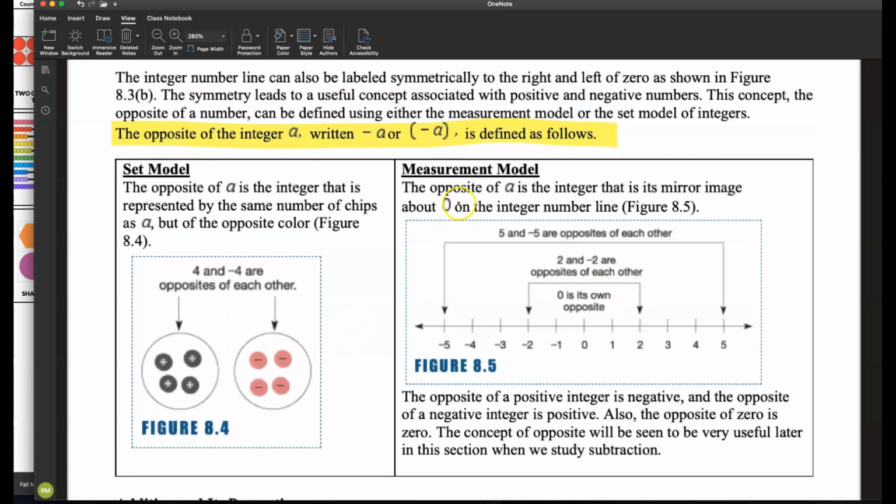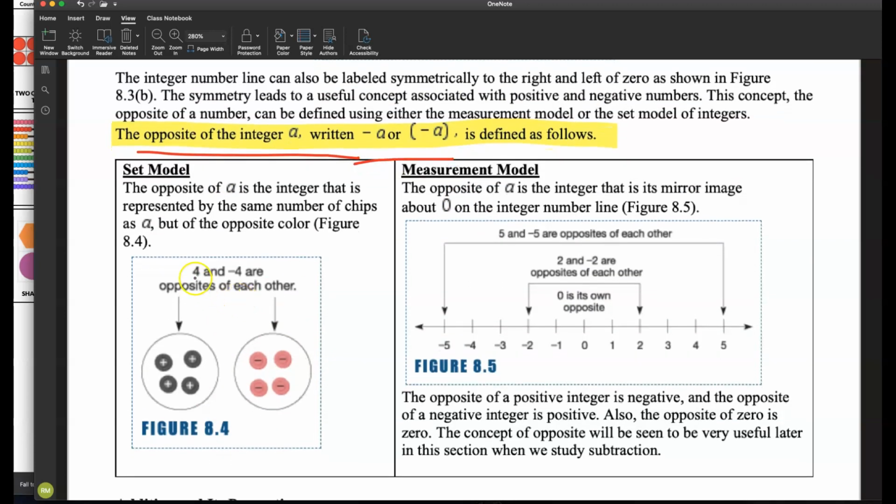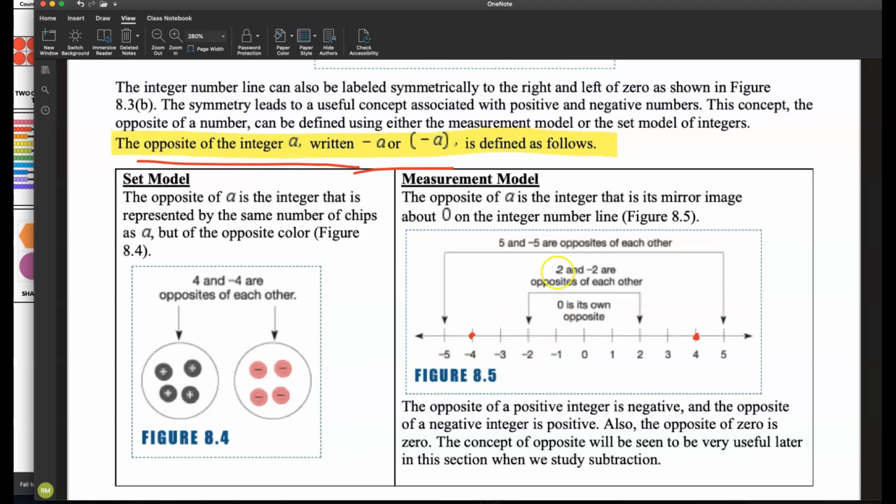Another important idea that I've highlighted here is the opposite. When you think about +4 and -4, you can think of it as the opposite of the integer. So they're both 4 from 0, but in the opposite direction. 2 and -2 are opposites of each other. And so the negative means opposite.